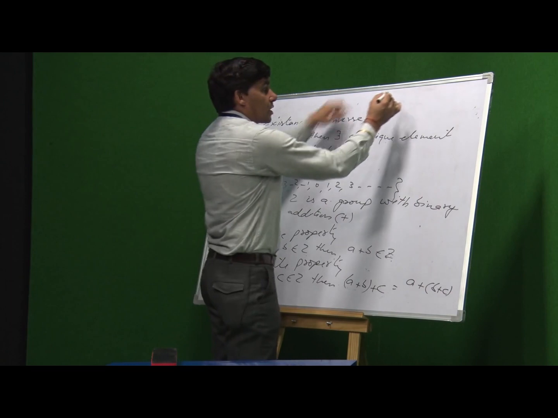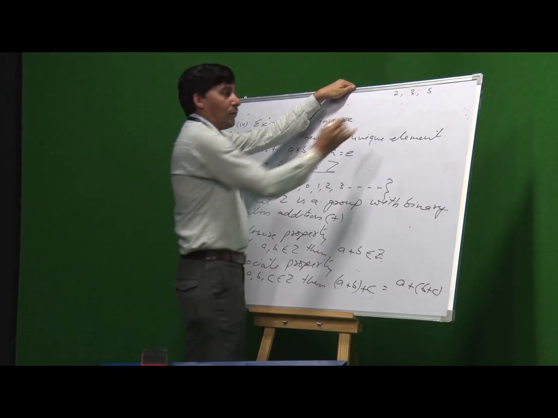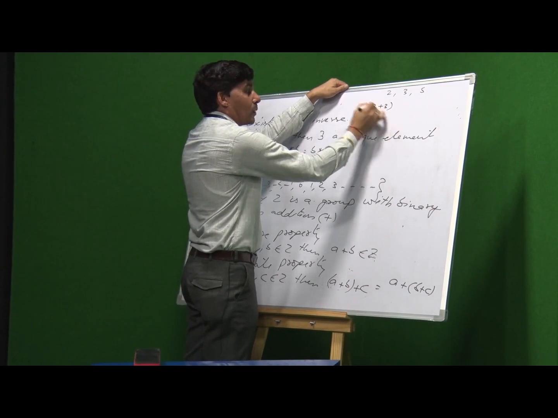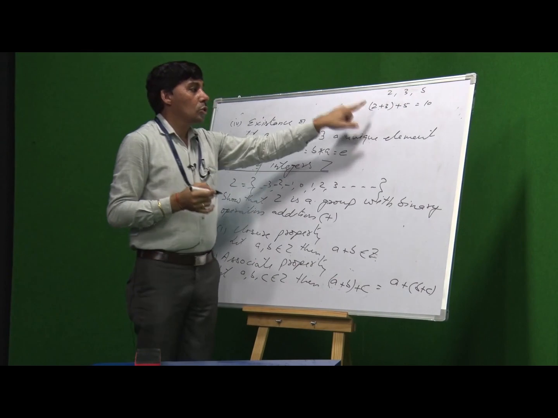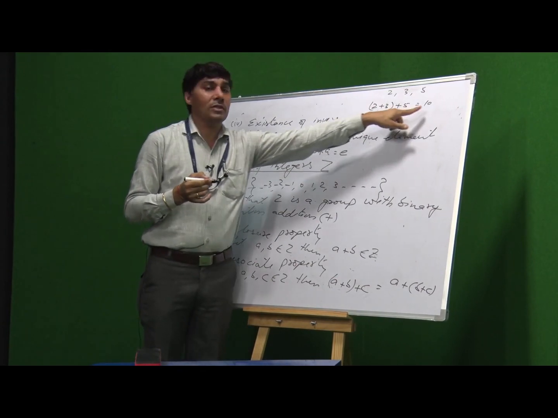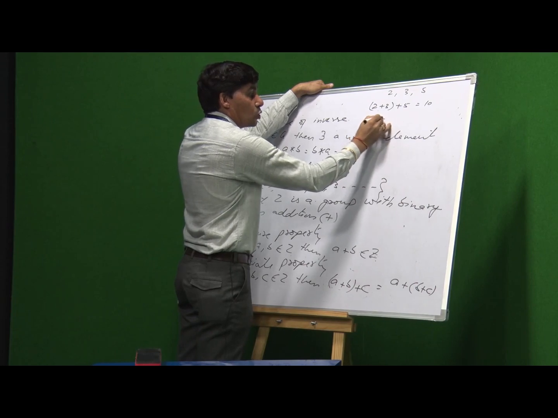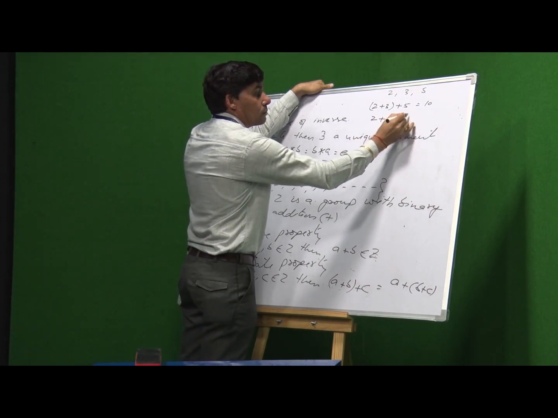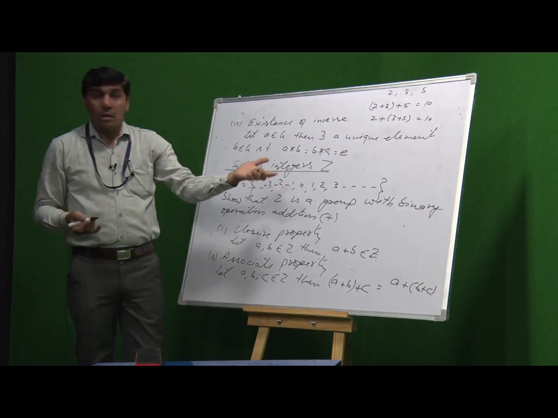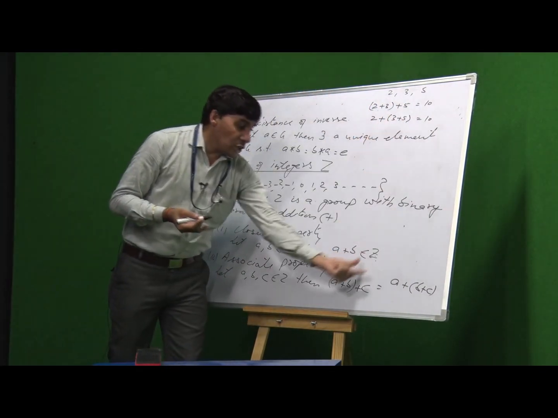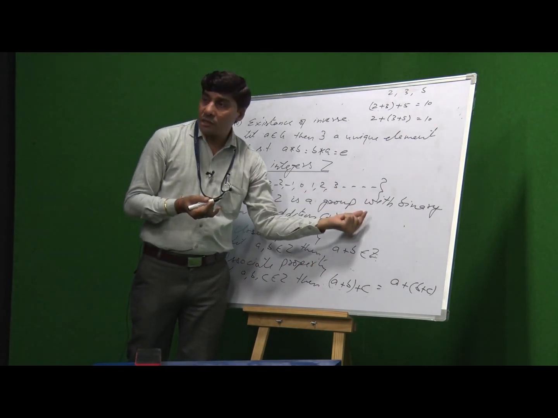Suppose we take three elements 2, 3 and 5. We find 2 plus 3 plus 5: 2 plus 3 is 5, 5 plus 5 is 10. Now adding 3 plus 5 first, 2 plus 8 is again 10. So associative property is satisfied in integers.